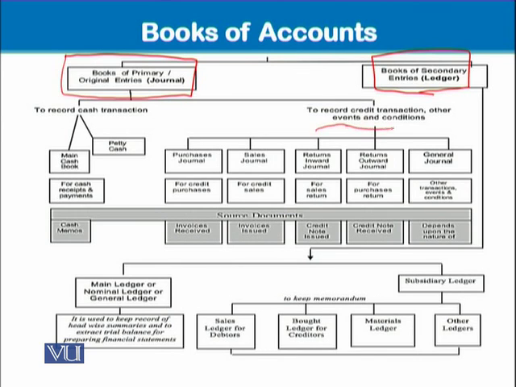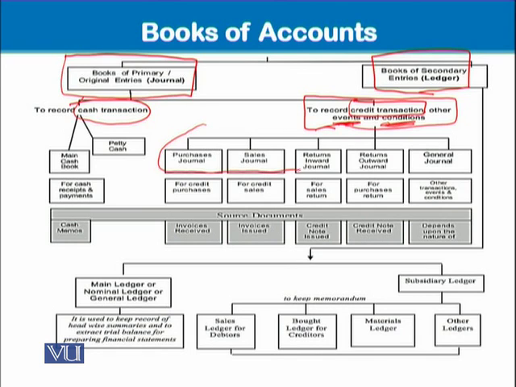We know very well that there are three sources of financial information. One is transaction. So cash transactions are treated in the cash book, credit transactions will be treated over here, and then events and conditions. So these are the three sources of financial information: transaction, events, and condition.